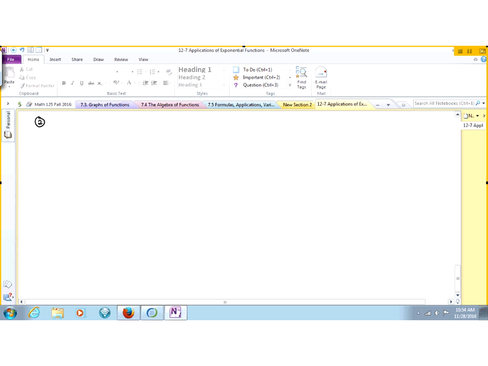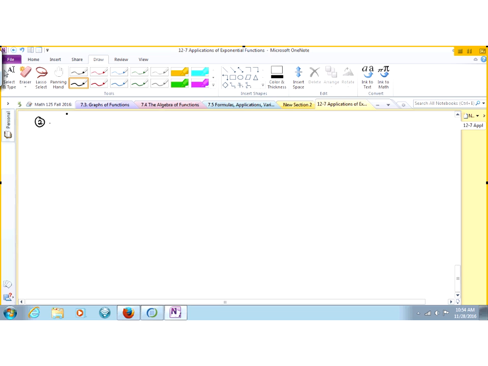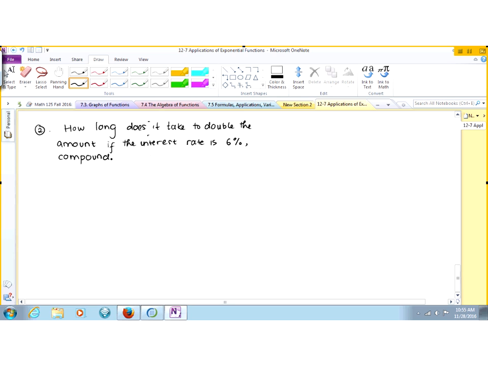How long does it take to double the amount if the interest rate is 6% compounded continuously? So that is the question.